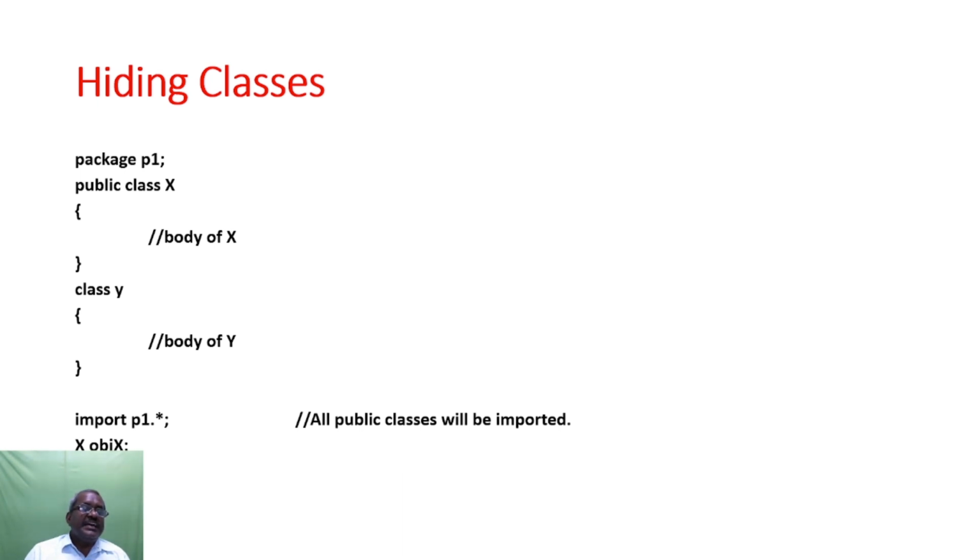Hiding. Hiding means in this place X is public, but here it is protected or default, we didn't give anything, so all the public will be accessible.